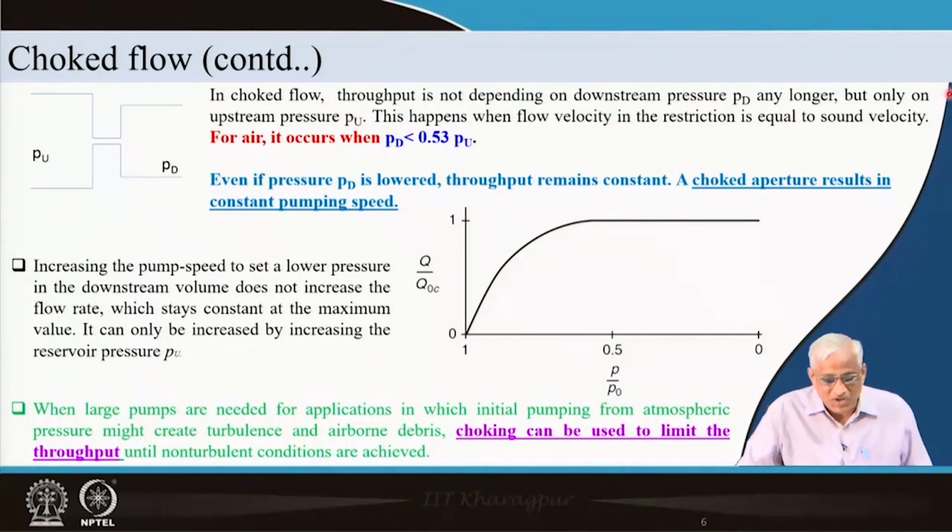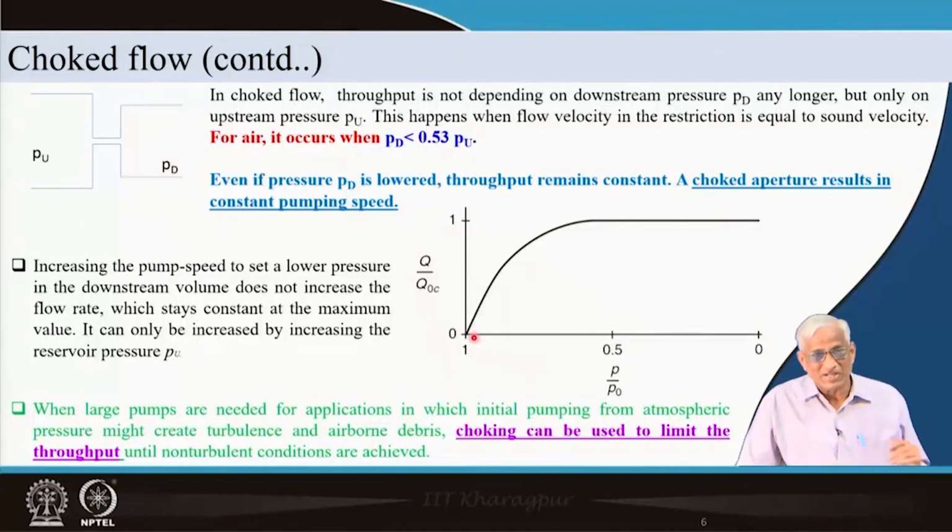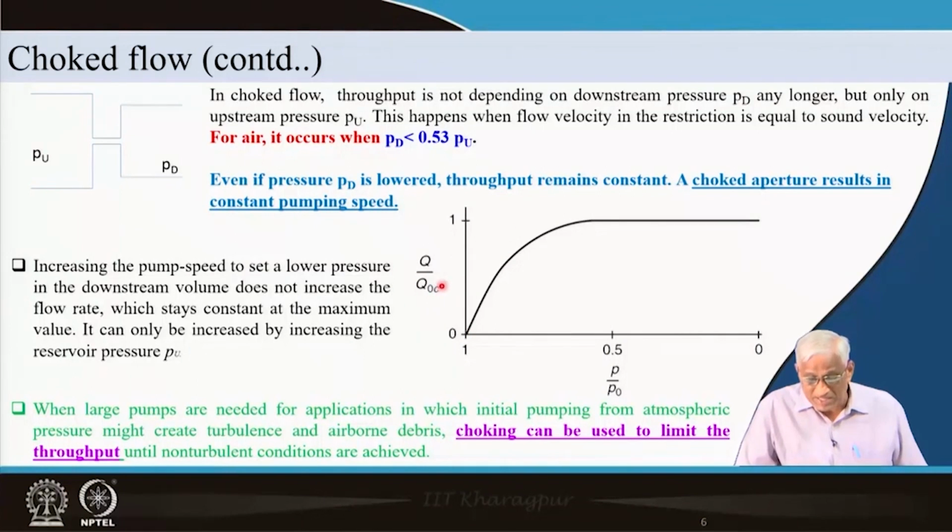So, once you cross PD less than 0.53 PU, even if the discharge side pressure PD is reduced, throughput remains constant and it will result in constant pumping capacity. That is what is plotted here. Sometimes it is customary to put 1 here and 0 this side, but it is okay. Initially both sides are atmosphere, no flow, pressure drop is not there. So, flow will be 0, and this is the maximum possible with the choked condition, and that maximum is considered as Q naught.